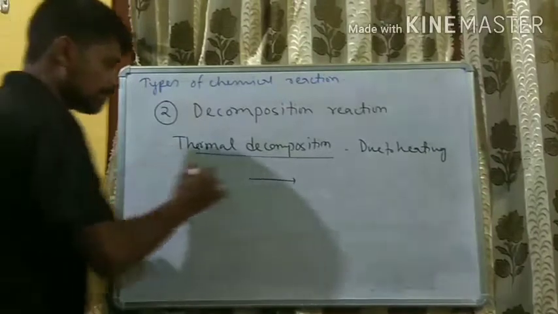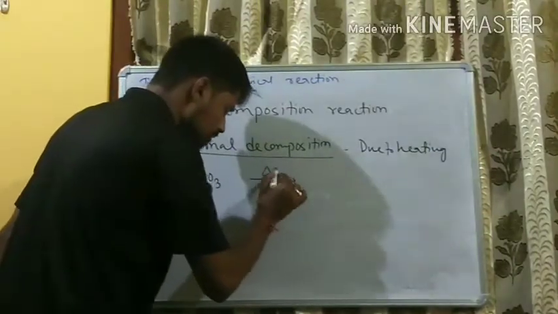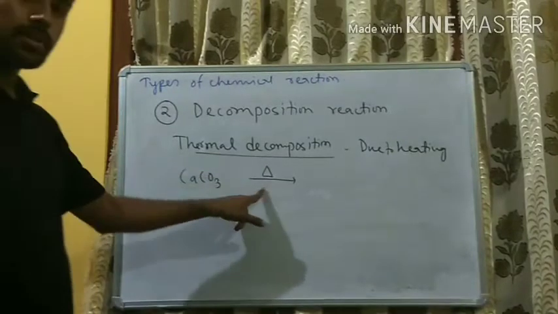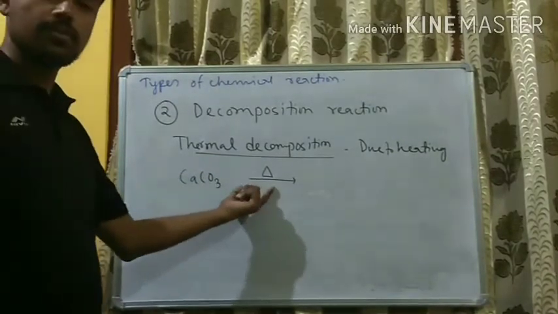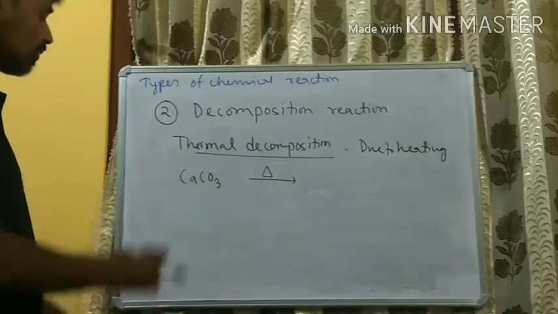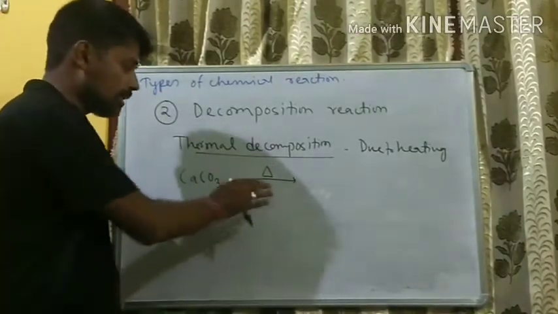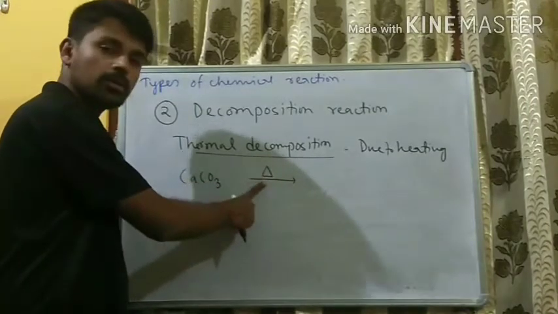We use a symbol like a triangle. This symbol indicates the decomposition reaction is thermal, or we use heat. In presence of heat, or when we apply heat, we use this kind of symbol.